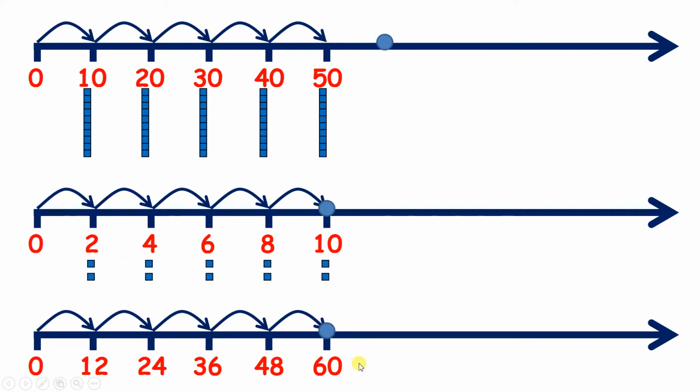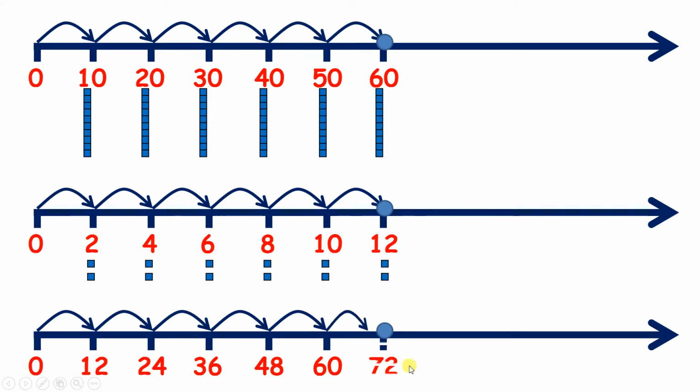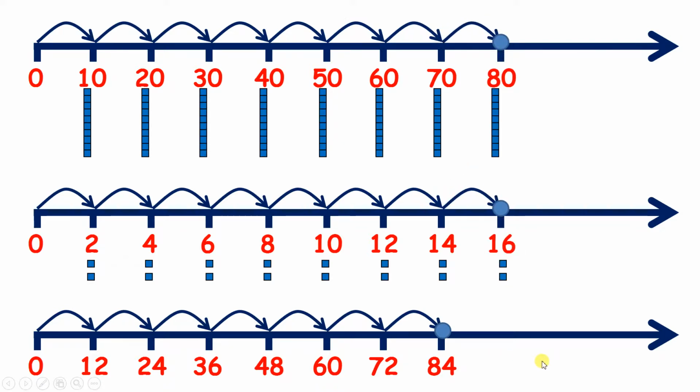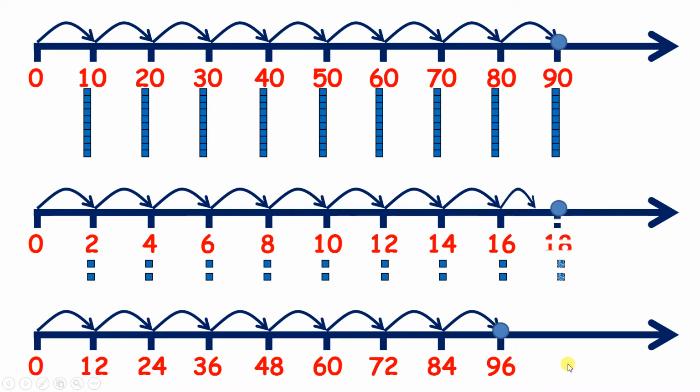So carrying on, 60 and 12 makes 72. 70 and 14 makes 84. 80 and 16 makes 96. 90 and 18 makes 108.